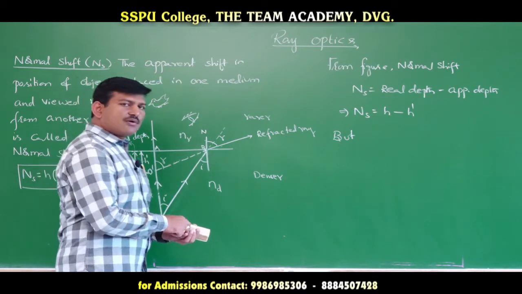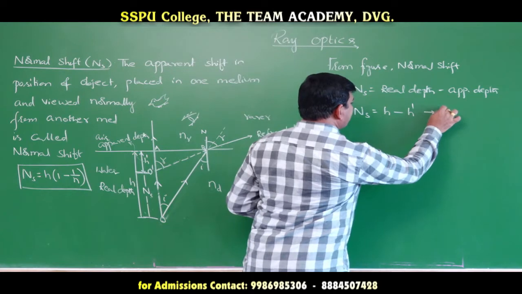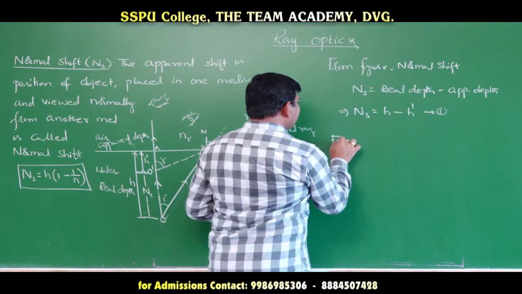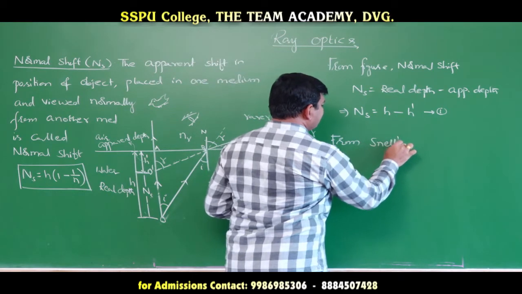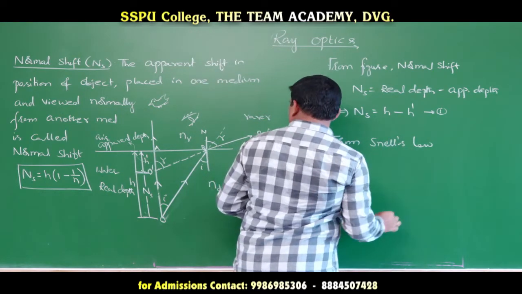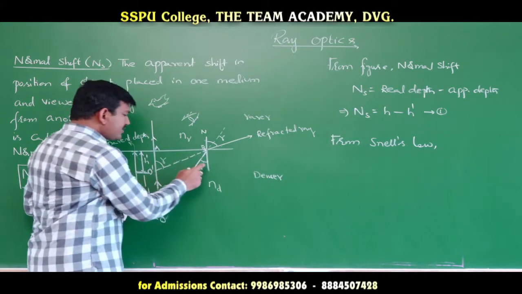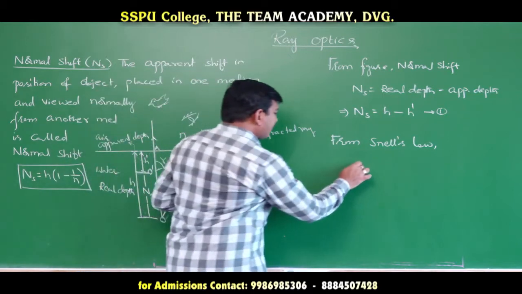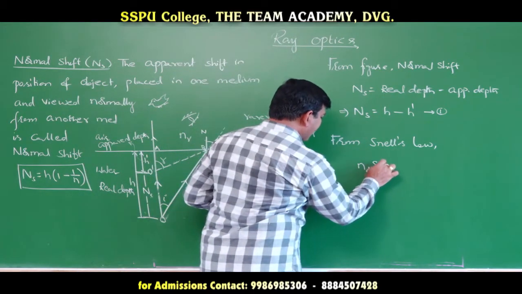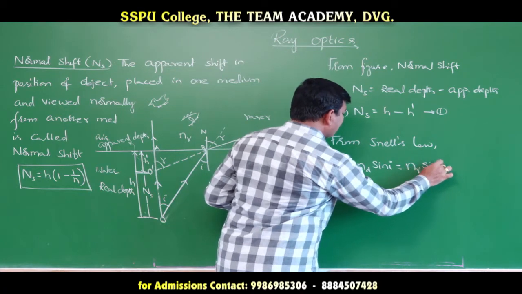So, from Snell's law, let me take it as equation 1, what we are getting? nd into sin I is equal to nr into sin r. Yes or no?